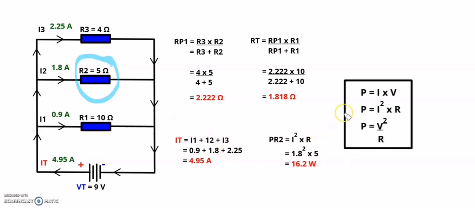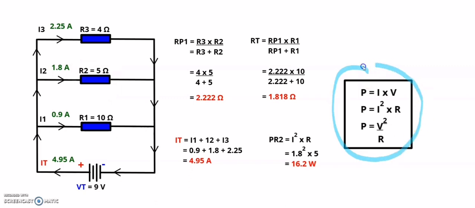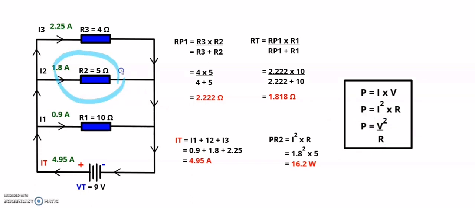Now guys, there are three power formulas that you can make use of. The one that I used was P is equal to I squared multiplied by R. The other two are P is equal to I times V and P is equal to V squared divided by R. You can use any one of these power formulas provided that you have all of the information of what you want to calculate.